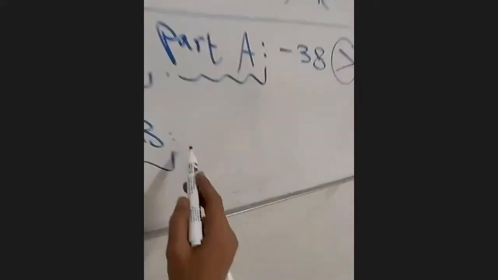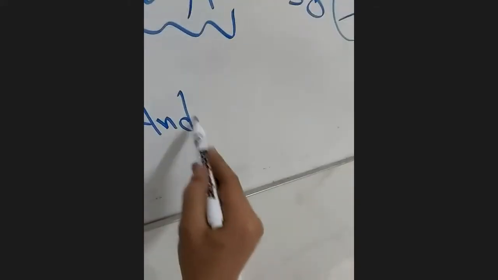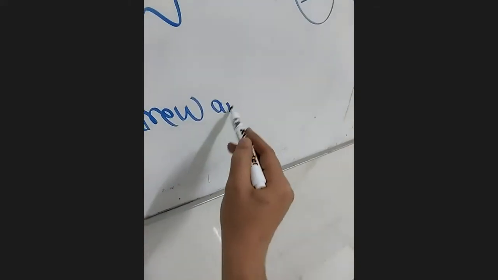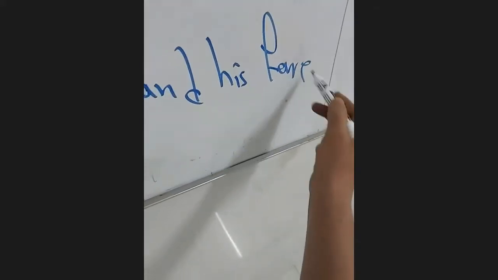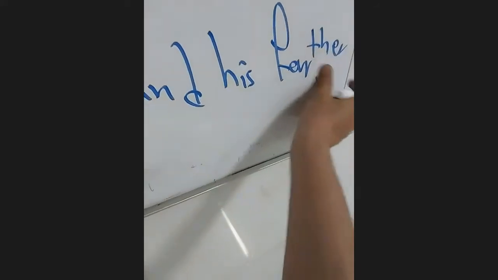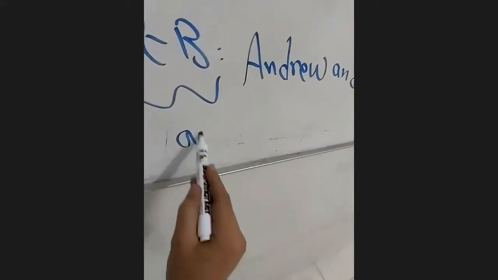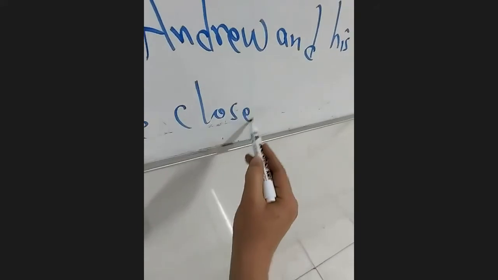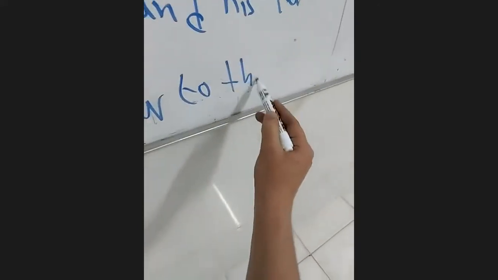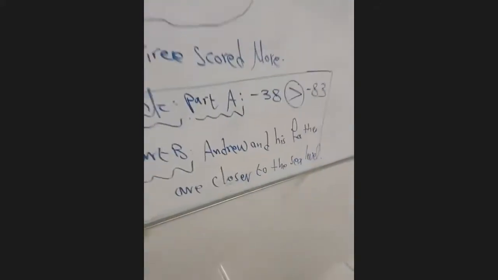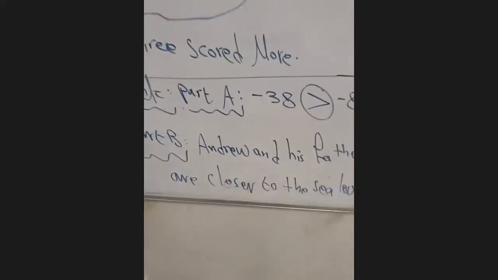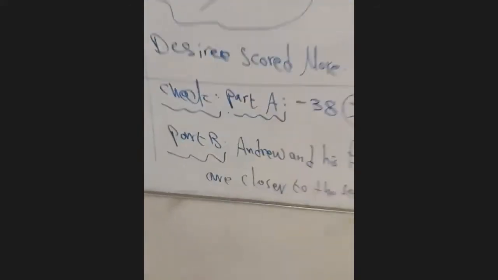So I will write Andrew and his father are closer to the sea level. So this is the check, guys, under example 1.